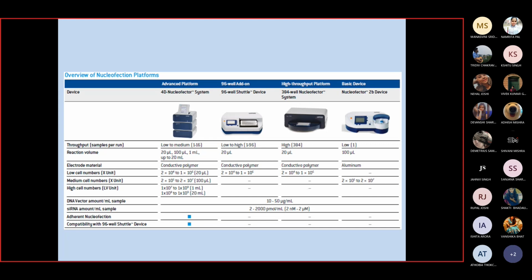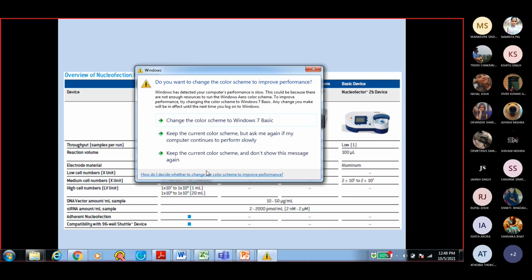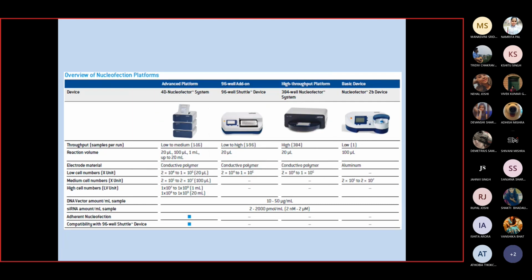Typically, the voltages supplied can range anywhere between 1200 to 1500 volts. The household electricity is around 220 volts. So when we expose these cells to an intense field, which is almost 10 times higher, it results in the creation of pores, and some cells will take up the DNA.